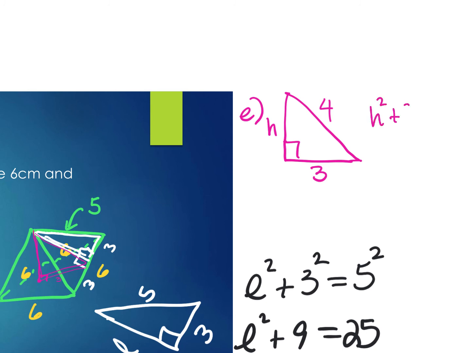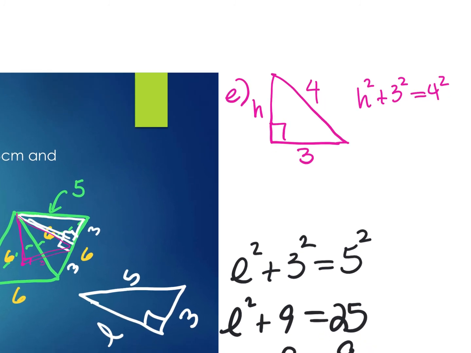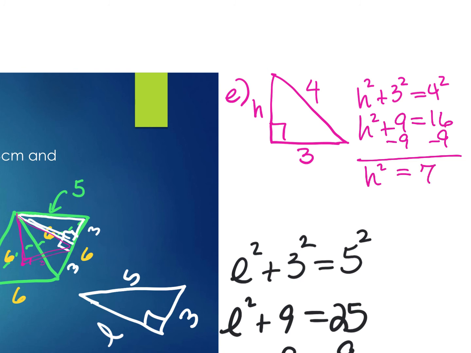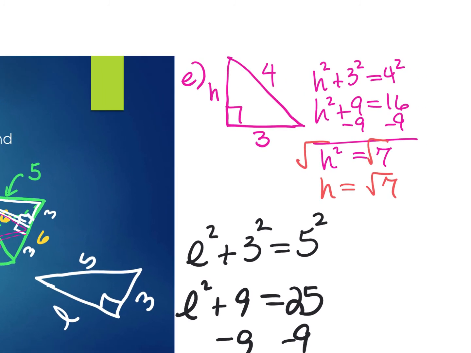H squared plus 3 squared equals 4 squared. H squared plus 9 equals 16. Subtract the 9. H squared equals 7. Square root it. And the height, or the altitude, is going to be square root of 7 centimeters tall.